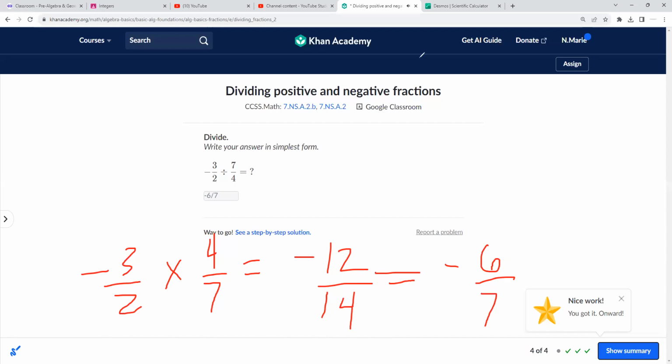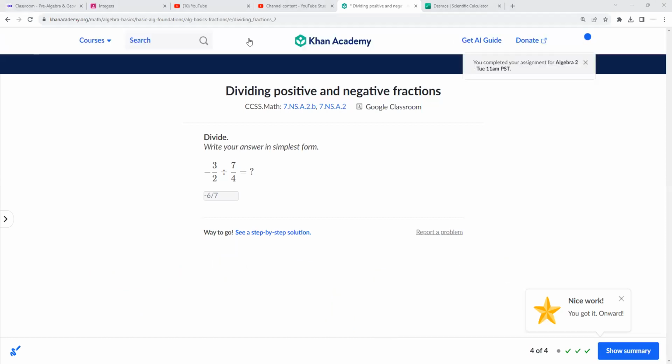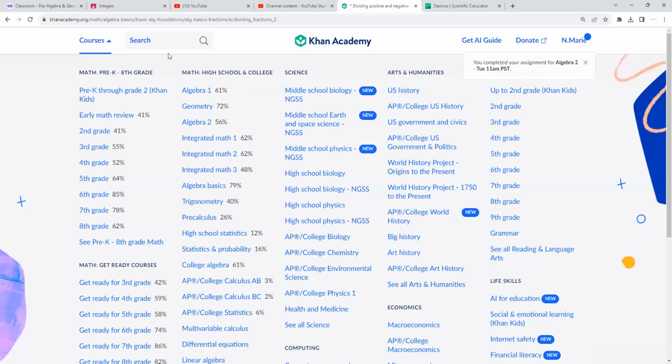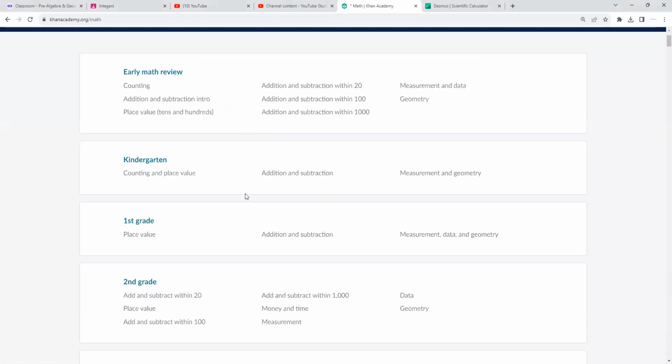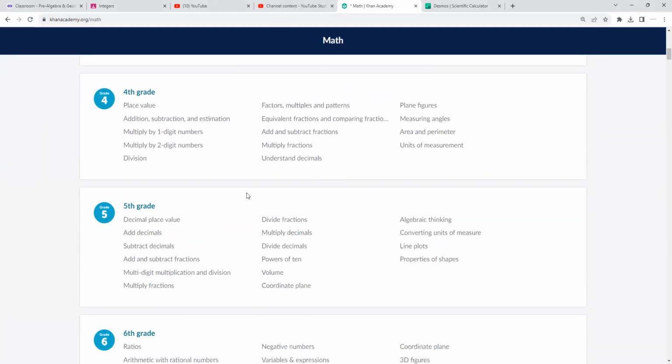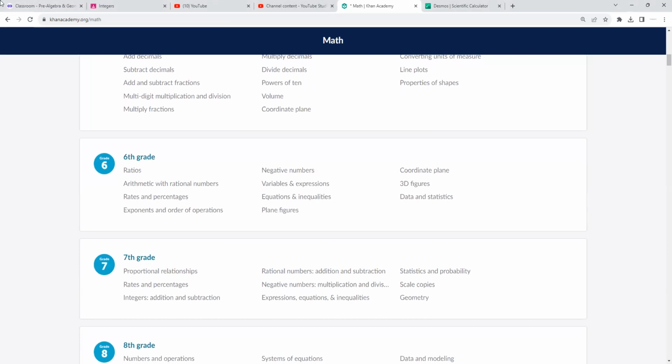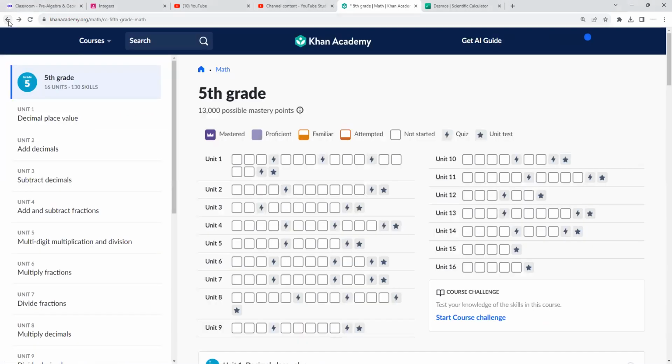So, like I said, you must know how to do fractions. If you are completely new to doing fractions or you just have no clue how to do them, you need to review them in elementary, middle school math.